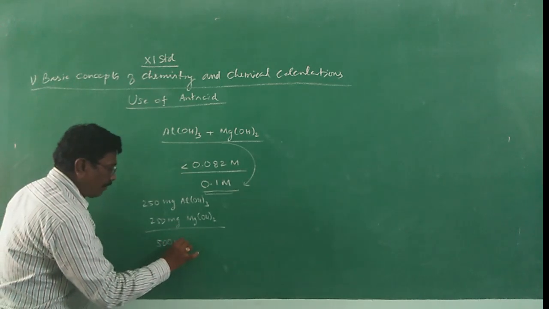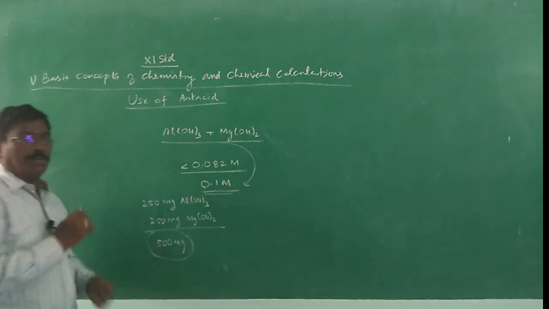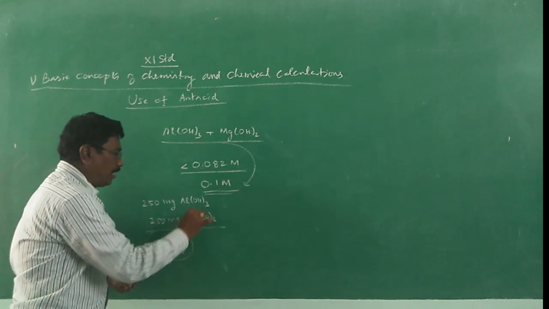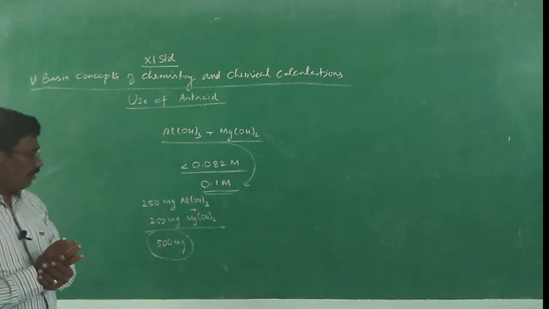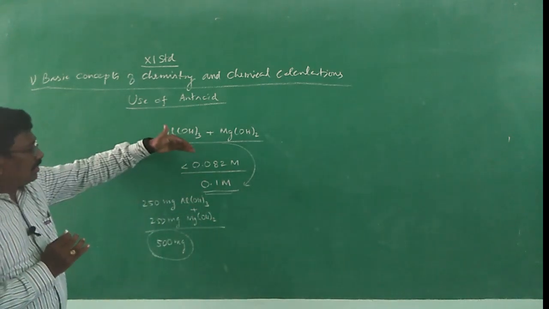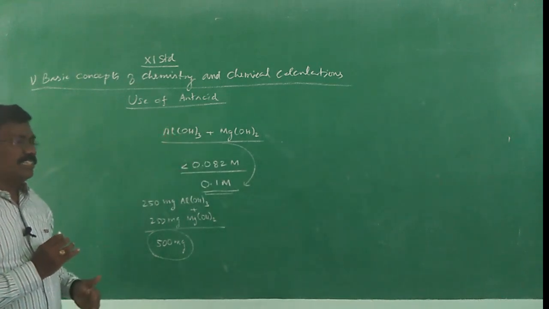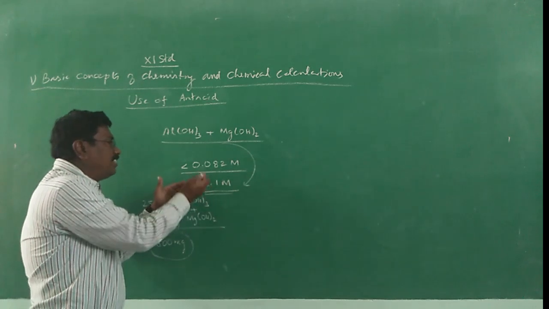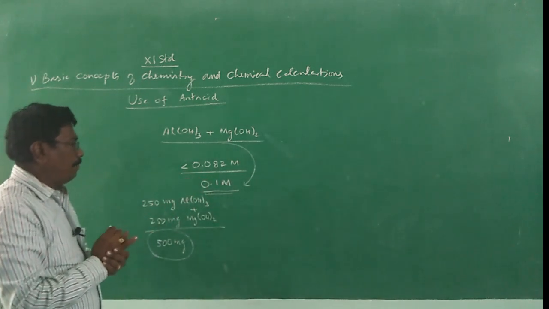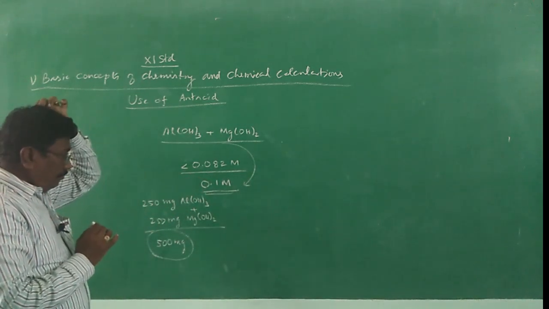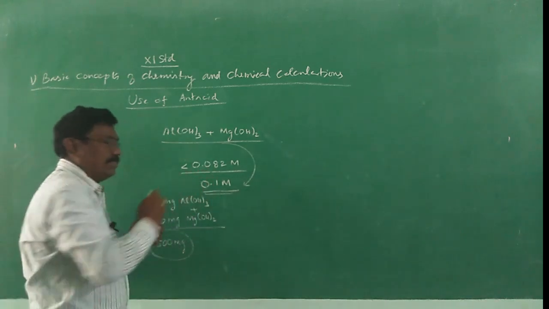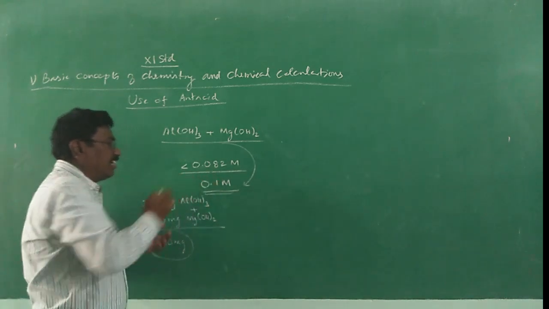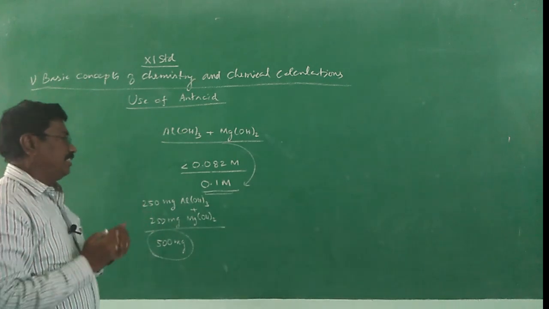Antacid of 500 mg tablet contains aluminum hydroxide and magnesium hydroxide. This of course makes the acidity lower. When the concentration of hydrogen ion increases, pH will be lowered.